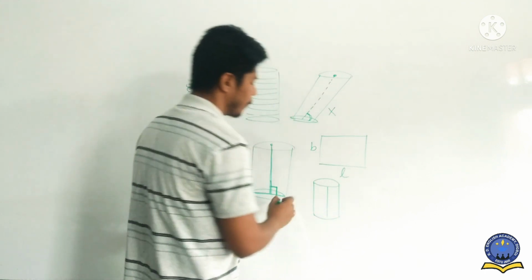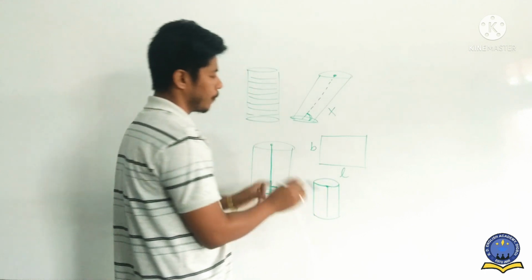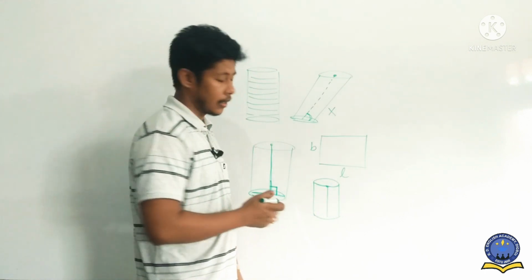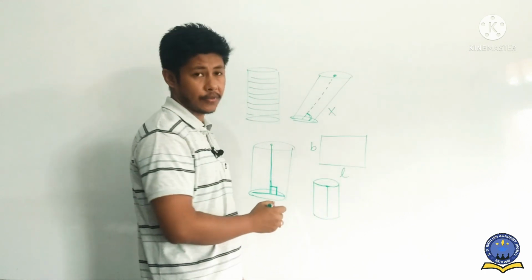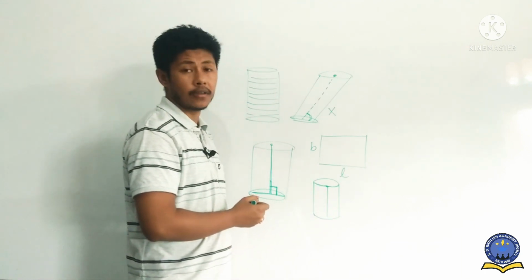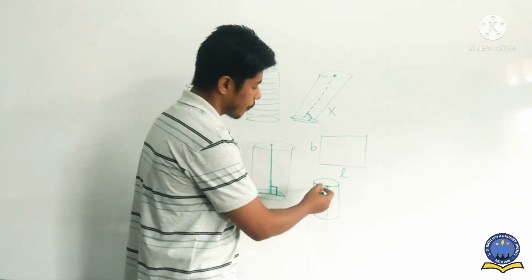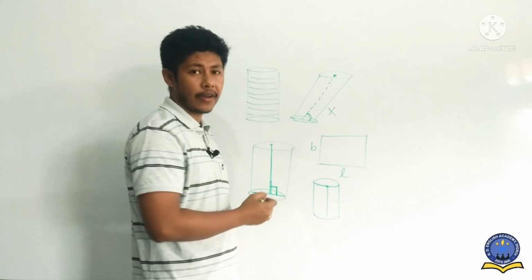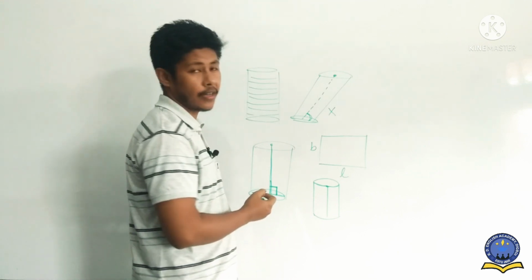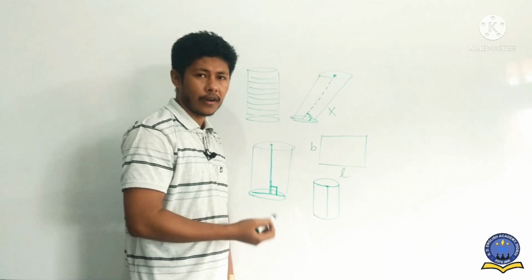This one is again a what? A right circular cylinder. With the help of this paper, we can easily find out the surface area of this right circular cylinder. Is it clear?